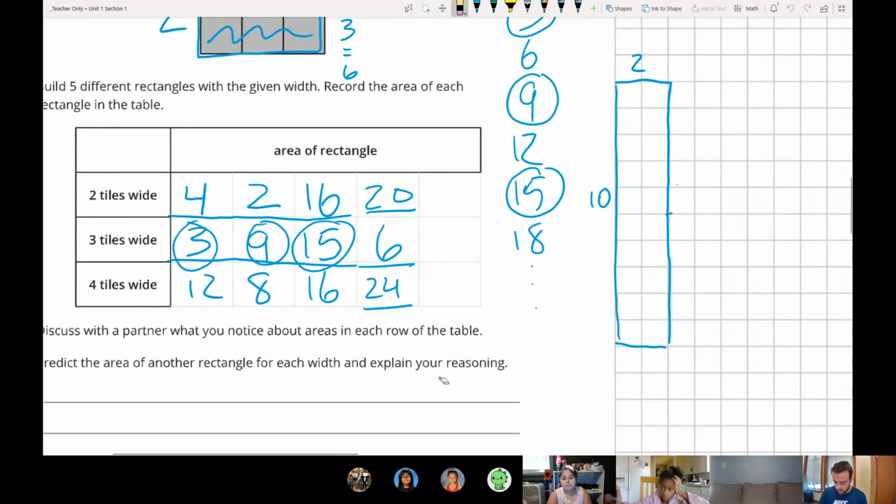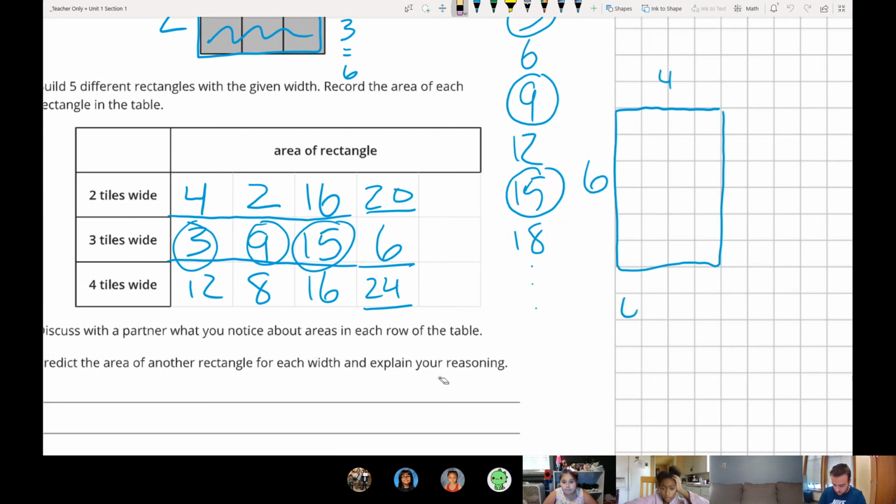Let's think about it in an area model. If we were to do 4 wide, and we're trying to get to 24 squares, it would actually need to be 6 down. Because we have 4 here, we have 6 here, and 4 times 6 equals 24. Does that make sense, Malia?